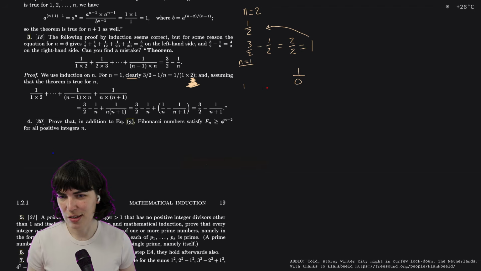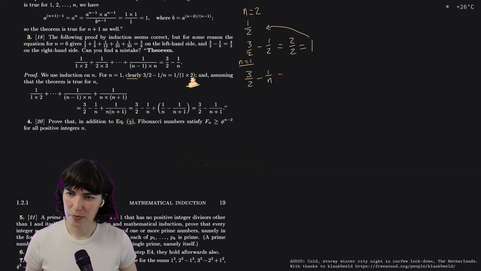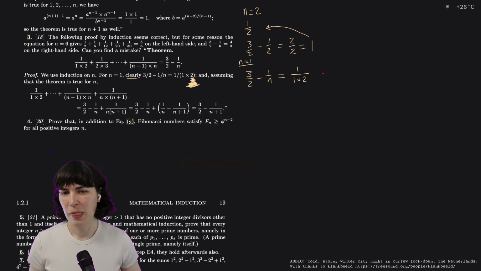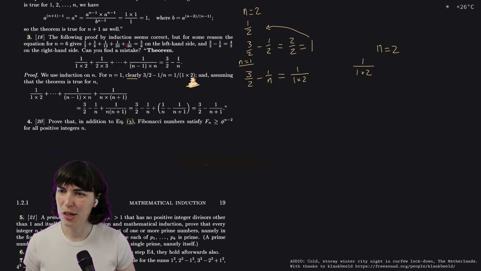It's saying, clearly, 3 over 2 minus 1 over n equals 1 over 1 by 2. But 1 over 1 by 2 is actually the first term for when n equals 2, because this is the term for when n equals 6, and it ends with 5 times 6, right?